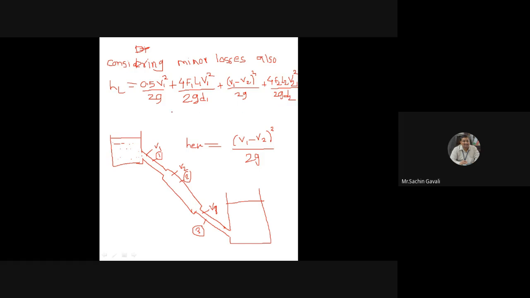Okay. Plus, continue, I am writing here. Plus now what will be the third minor loss? We have completed minor loss, major loss, again minor loss, major loss. Second last minor loss will be, anybody? Sudden contraction. Now it is given by an equation. What is the equation for sudden contraction?